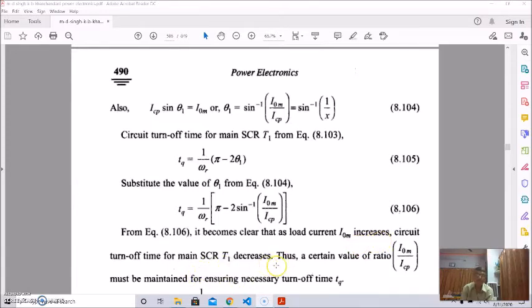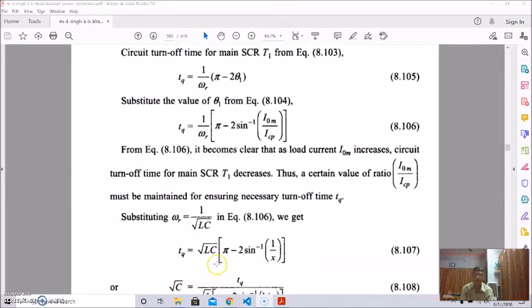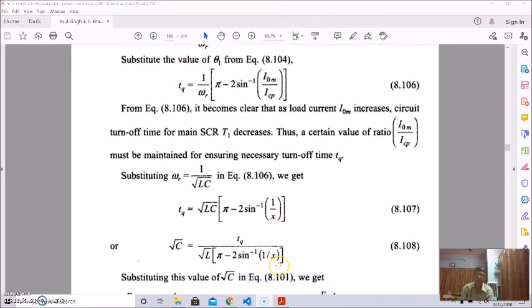Therefore a certain value of the ratio IOM by ICP must be maintained to ensure adequate circuit turn-off time TQ. And if we substitute omega r equal to 1 by root LC in these equations, we get TQ equal to root LC into pi minus 2 sine inverse 1 by x. So root C equals TQ by root L into pi minus 2 sine inverse 1 by x.